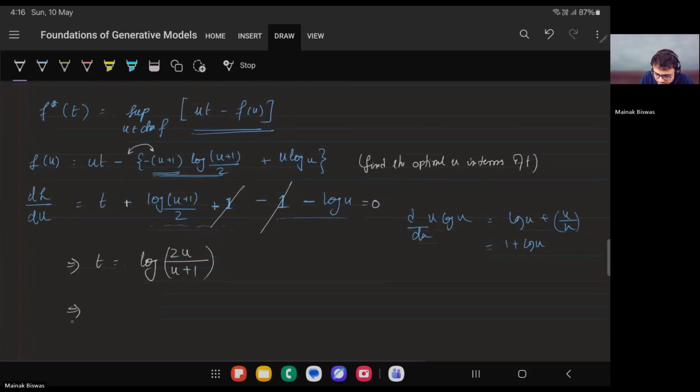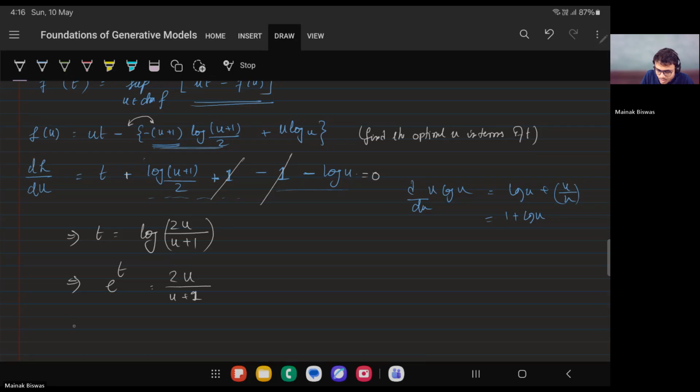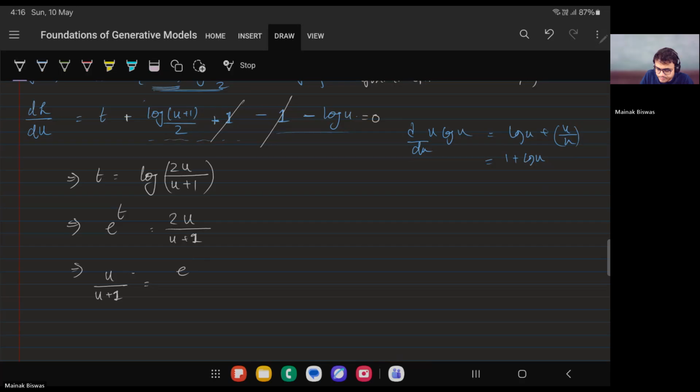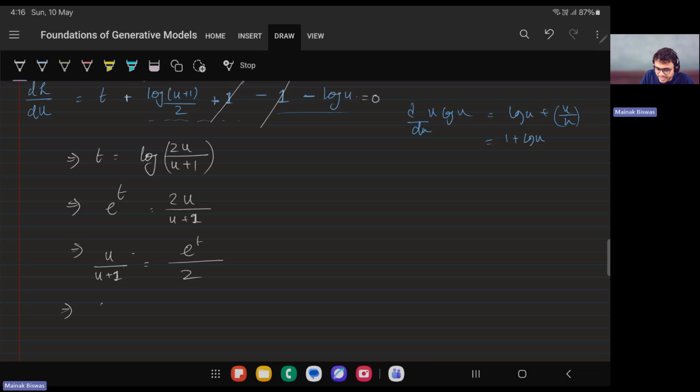So I get e to the power t is equal to u by 2 times u plus 1, or I get u by u plus 1 is equal to e to the power t by 2, which also means by dividendo u is equal to e to the power t by 2 minus e to the power t. Very nice. So I got this equation all right.